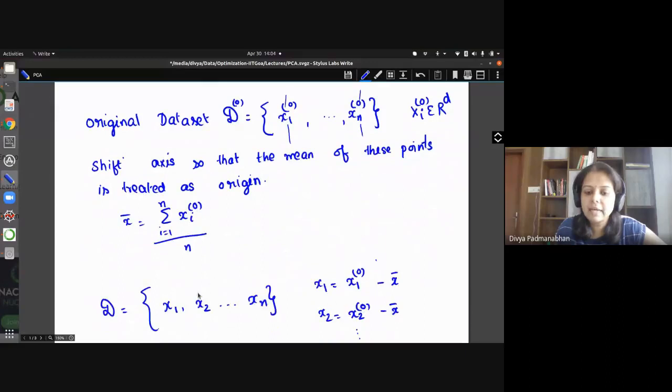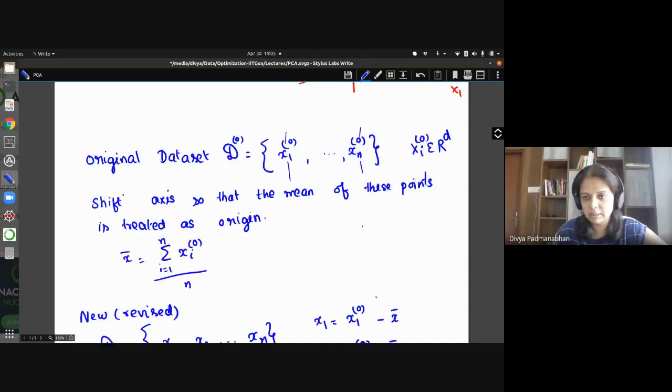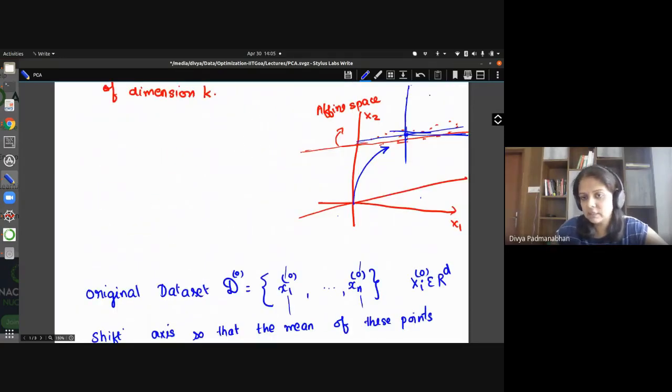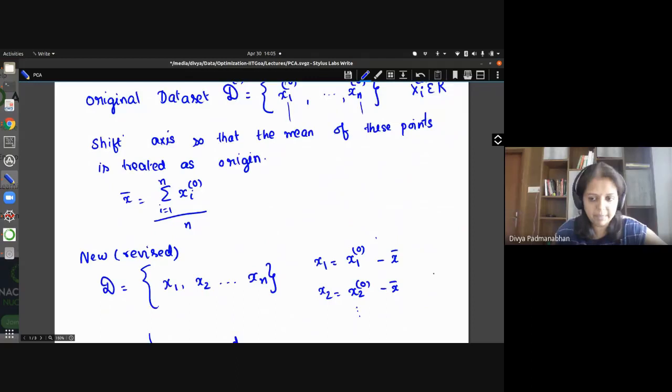This gives a new revised data set, again a set of n points, where x_1 is x_1^O minus x bar, and x_2 is x_2^O minus x bar. You just displace the points about the mean, so this is the new axis.